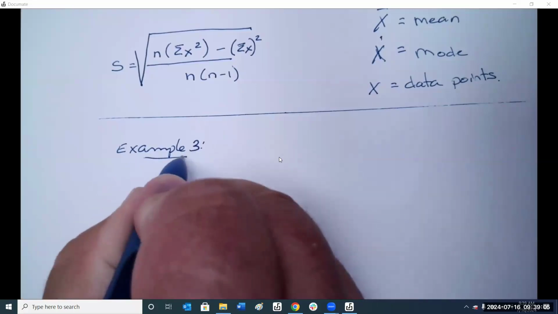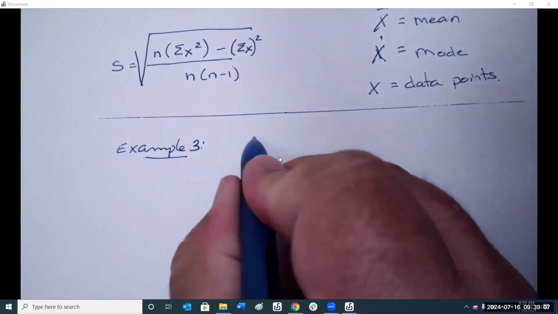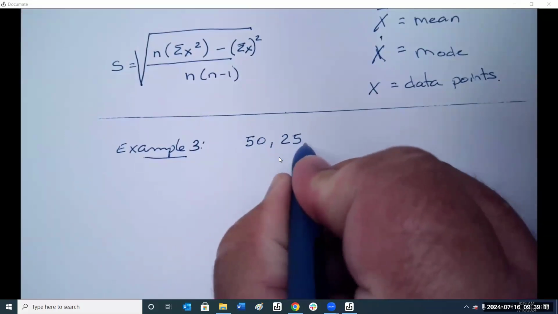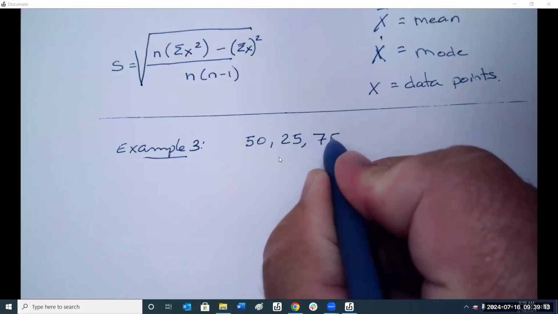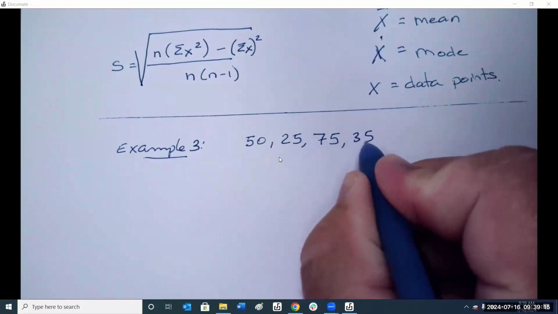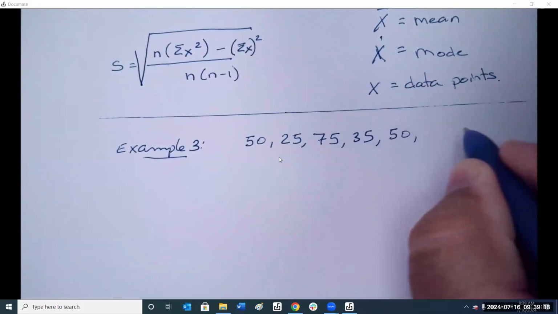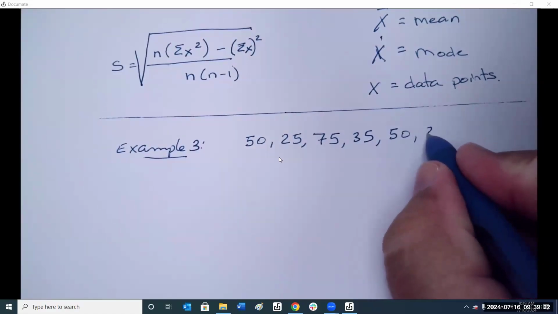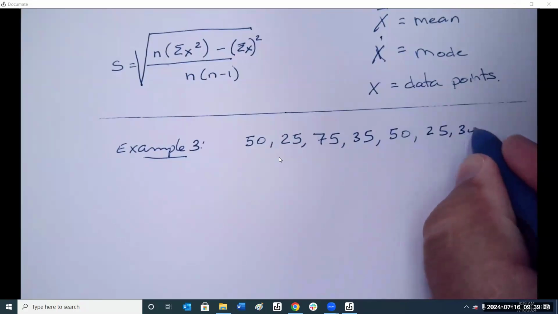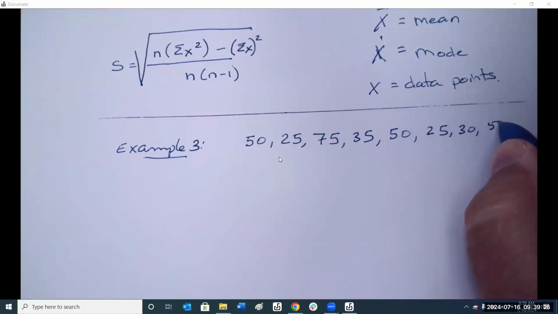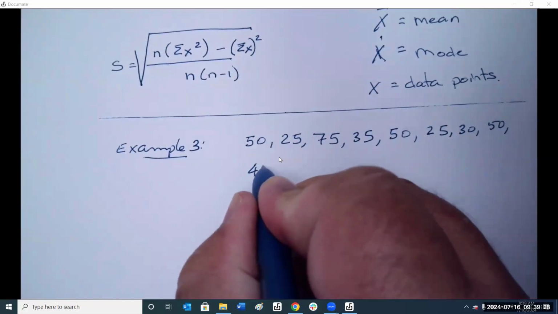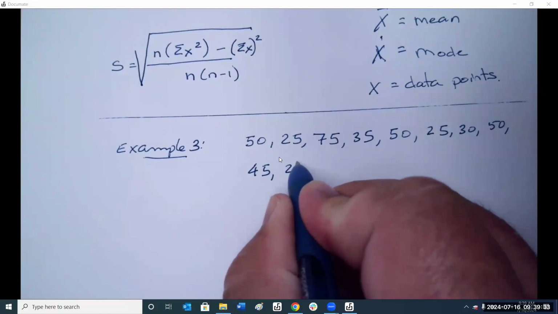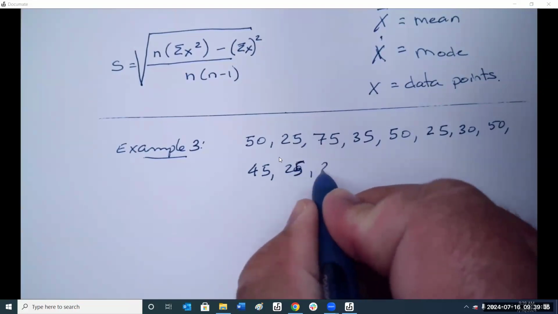Example 3. Find the standard deviation of this data set. 50, 25, 75, 35, 50, 25, 30, 50, 45, 25, and 20.